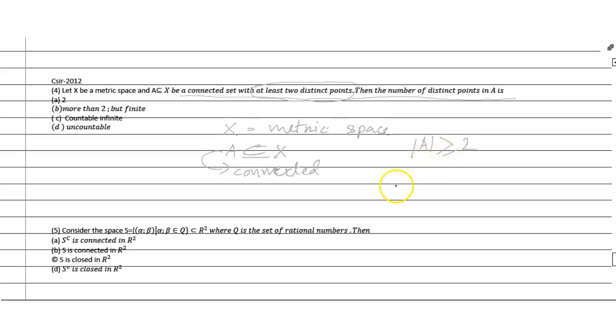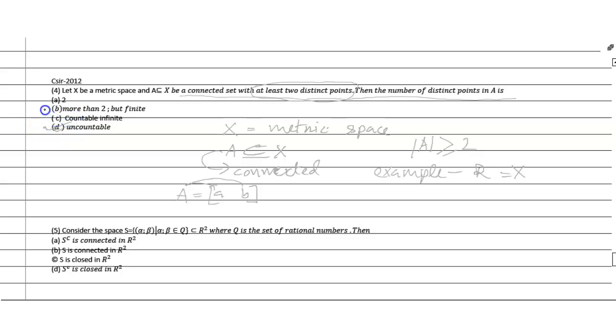So for this example, I choose R as my X, so X equals R, and at least two elements exist in A. These two points, suppose a and b, exist in A. So this is possible only when A is uncountable.